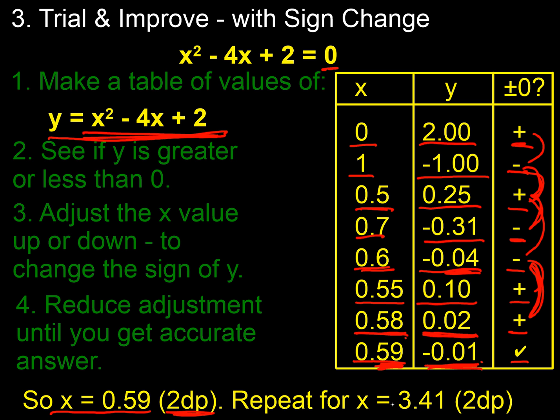Now we could carry out exactly the same activity starting with x equals 3, and we could then look at x equals 4, and if we did that and carried on narrowing and narrowing, we come up with our other answer, which is x equals 3.41 at 2 decimal places. But that's only an approximation, but it was pretty quick to do, wasn't it?